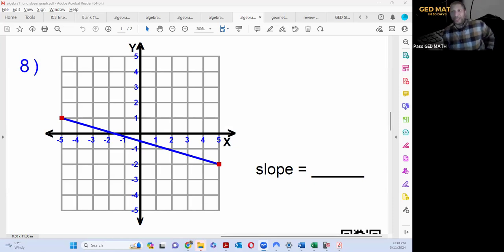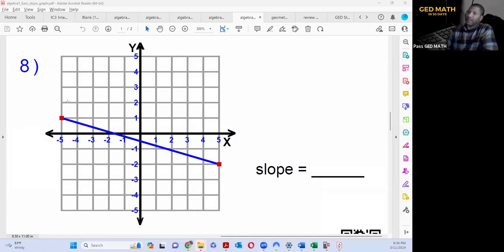Watch this. So we're looking at this graph, right? The first step to find the equation of the line is to identify if this slope is positive or negative. So the first thing we're going to do is, let me get my pencil back on the screen. To identify whether this slope is positive or negative, turn it to red and let me put an arrow.